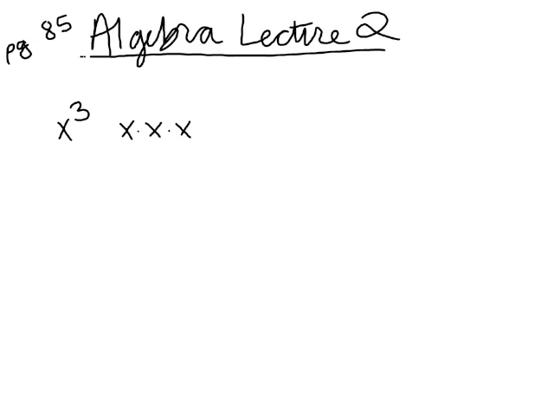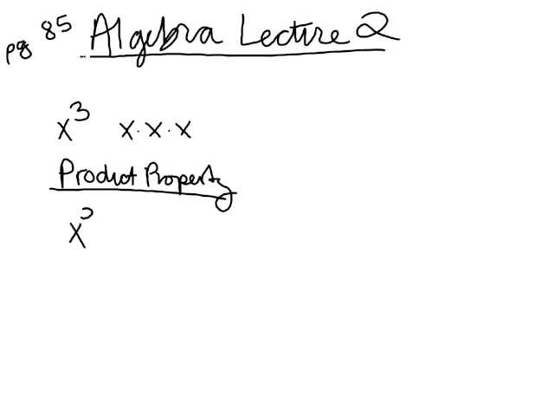So the first property of exponents we're going to talk about is the product property. The product property means when I'm multiplying exponents that have the same base. So let's say I have an x squared, and I want to multiply that by x cubed. My base is the same.